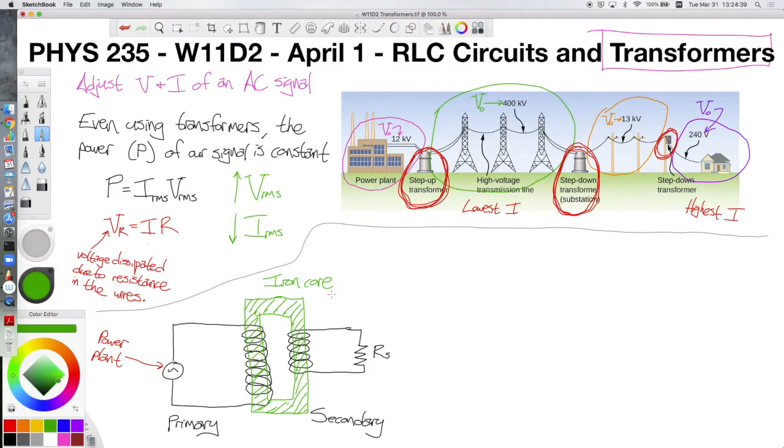What the iron core does is it helps to channel the magnetic field caused by each of these circuits, and that in turn increases the efficiency of the transformer.